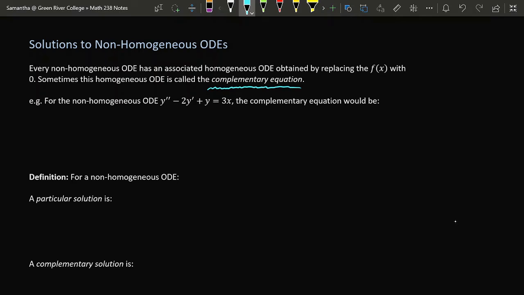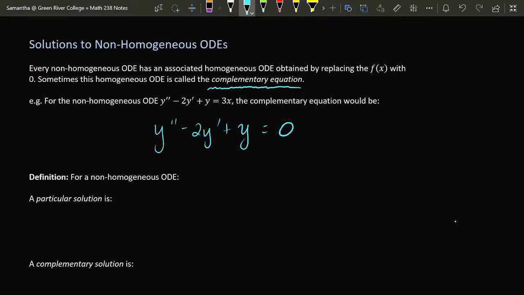For example, if I took the ODE y double prime minus 2y prime plus y equals 3x, then the complementary equation would be y double prime minus 2y prime plus y equals 0. Just get rid of 3x and put 0 in its place.